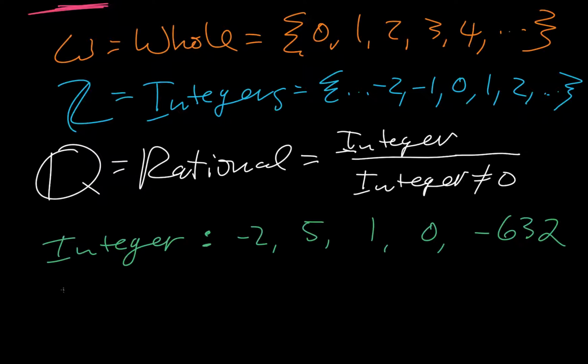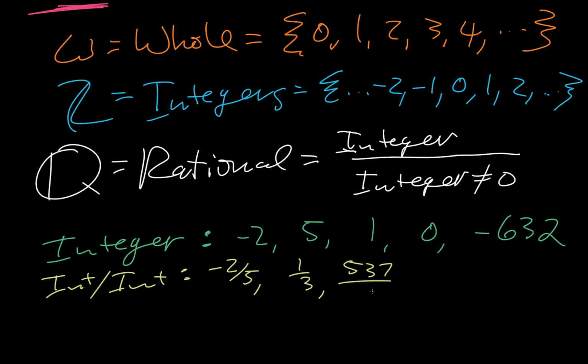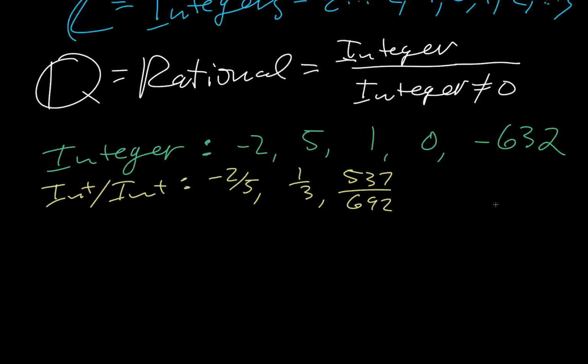Now, the other one is the actual definition. So if we have an integer over an integer, or like a fraction is another way you could word that. So -2/5, 1/3, 537 over 692, etc. So that's, once again, these are the ways to recognize rational numbers. So if we see an integer, integers are rational. If we see an integer over an integer, those are also rational.